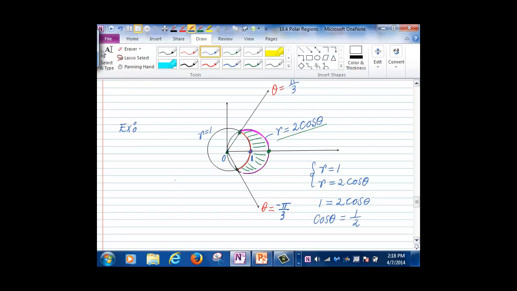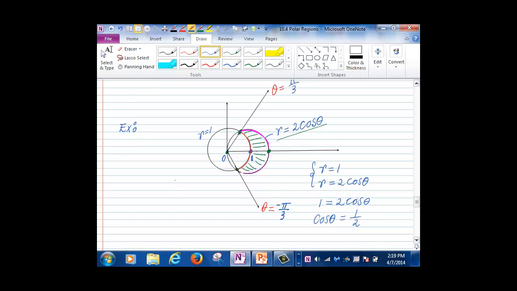Not the radius of the circle, when I say radius, I mean the r value. And then as theta goes from 0 to positive pi over 3, r is decreasing, right? Which is happening here.